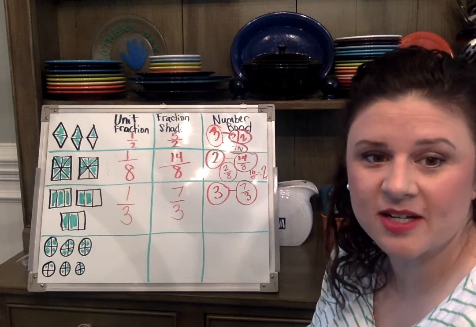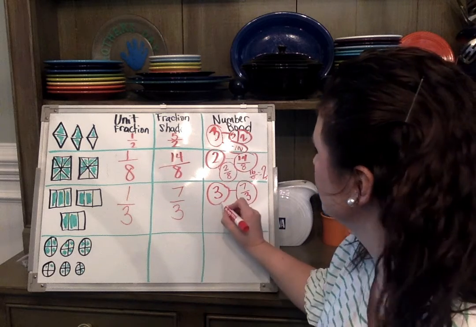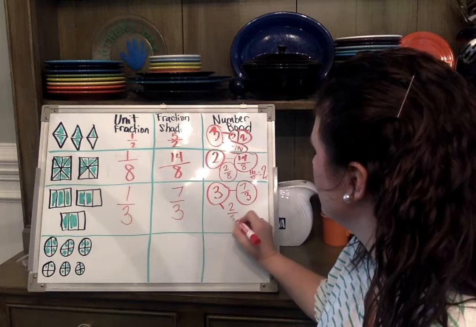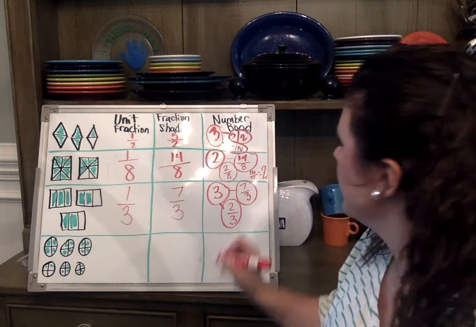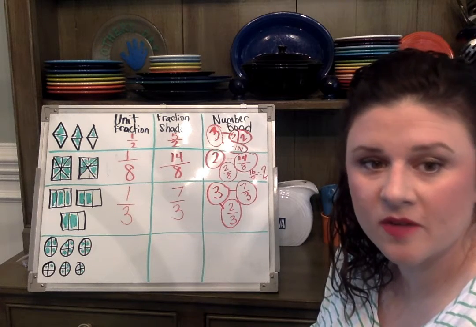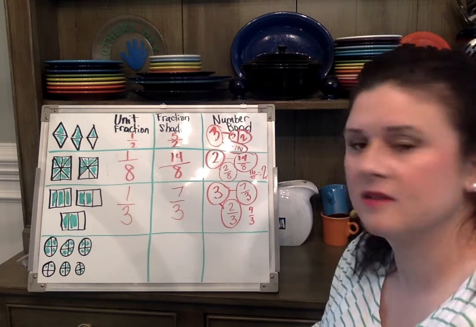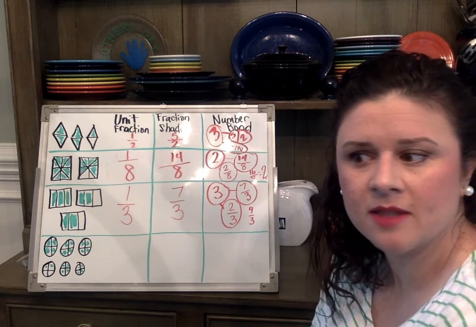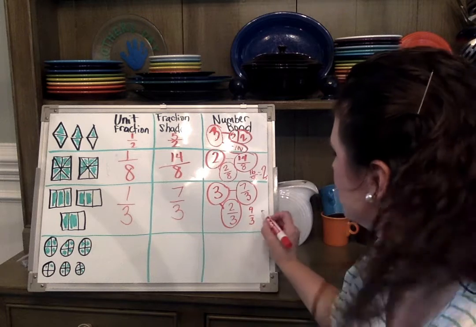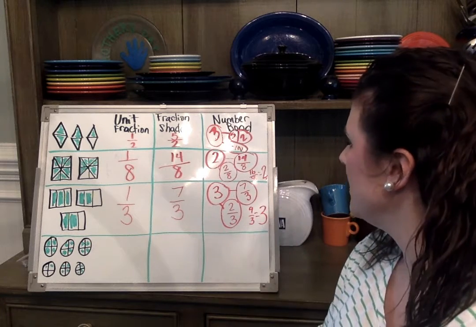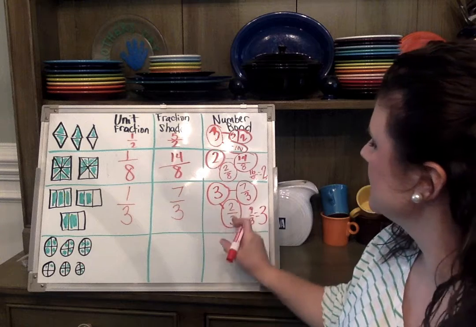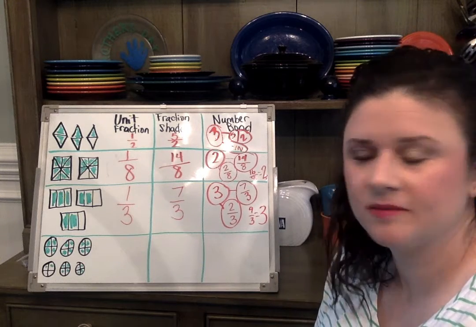What fraction is not shaded? 2/3. And 7/3 plus 2/3 equals 9/3. Ooh, and 9/3 is the same as 3 whole. See how I bonded them together to get that answer.